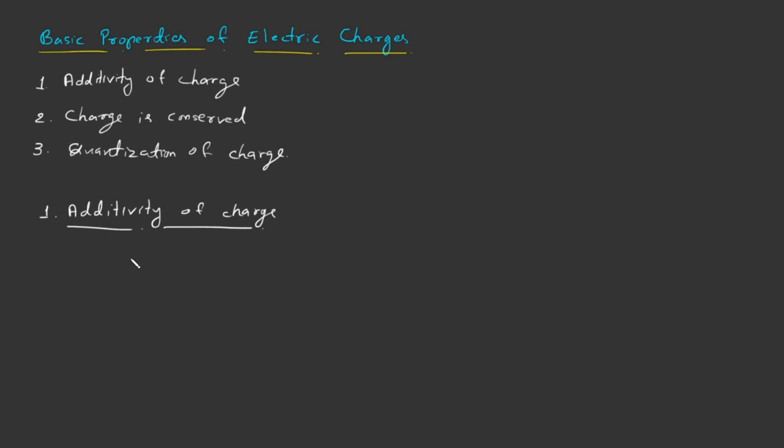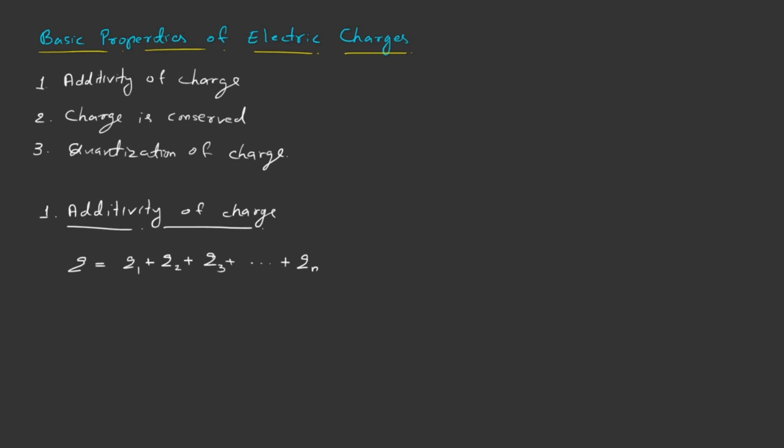So let Q1, Q2, Q3, etc. up to Qn are n charges inside a system, then total charge Q is equal to Q1 plus Q2 plus Q3 plus etc. plus Qn. So the total charge of a system is always the sum of the individual charges, and the charges can be added like real numbers.